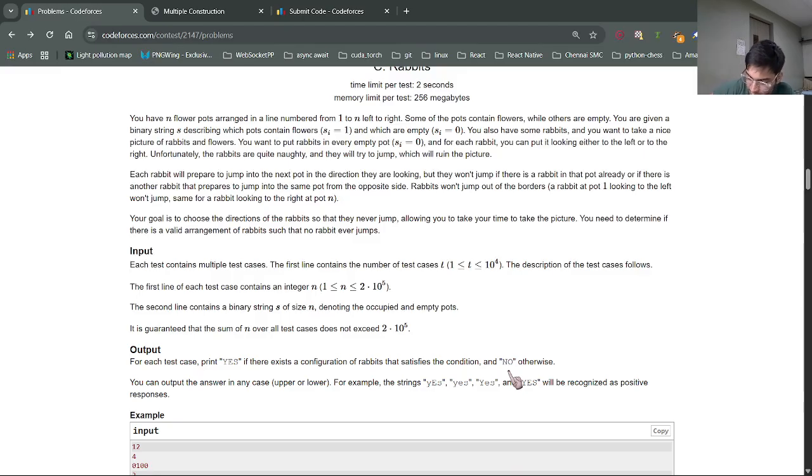Okay, let me try this with 7 then. 1, 2, 3, 4, 5, 6, 7, 8, 9, 10, 11, 12, 13, 14. So we will start with 1. There is 1, 1. Then we need to do 3. So I say 3 here, and then 1, 2, 3. Another 3 here.